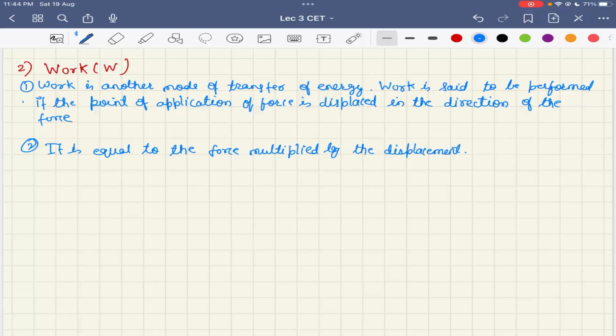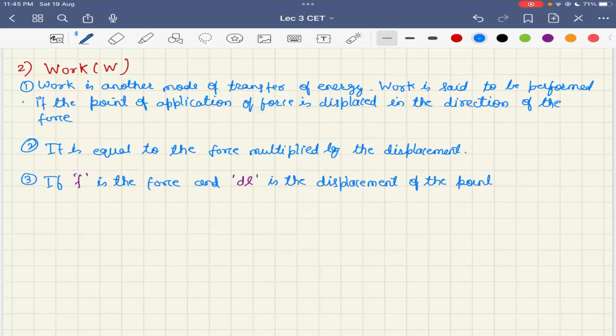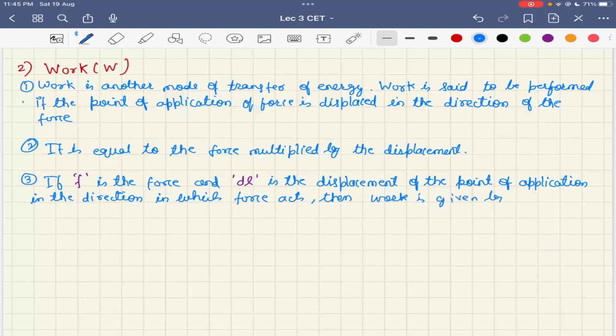Now if F is the force and dl is the displacement of the point of application in the direction in which force acts, then work is given by W, which is the product of F into dl.